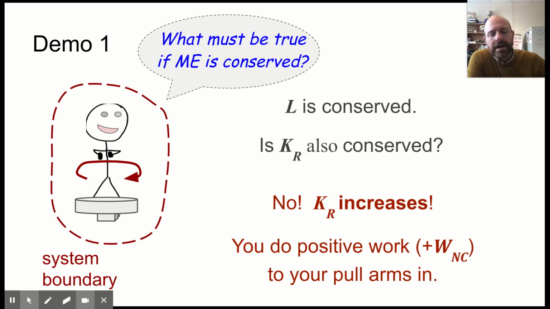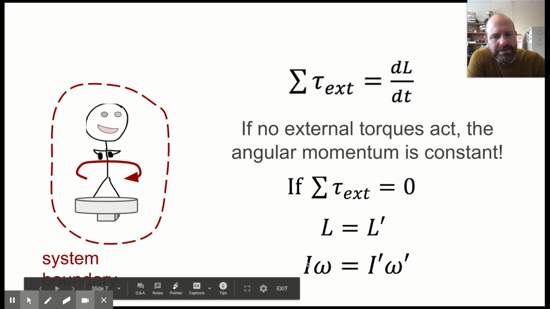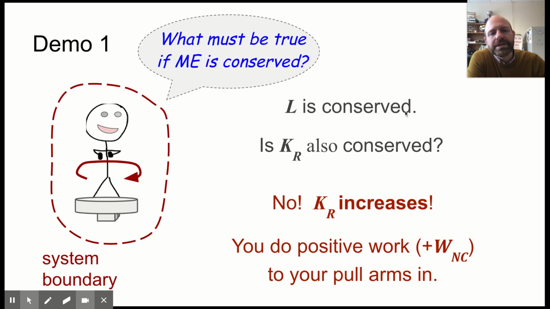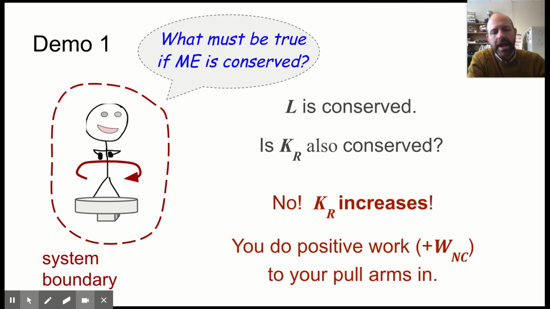Angular momentum depends on I omega, and if you decrease I, omega goes up proportionally. But kinetic energy depends on I and omega squared, so you couldn't have conservation of both quantities. The reason is that you are doing work to cause those masses to move inward. That's non-conservative work, so it changes the rotational kinetic energy. It will increase it.